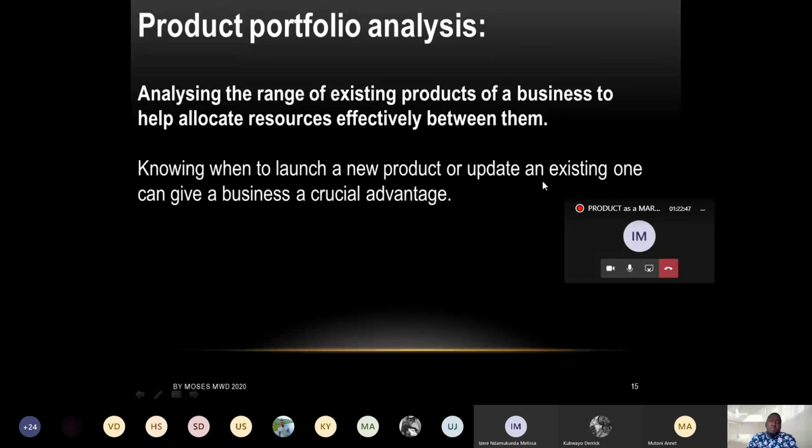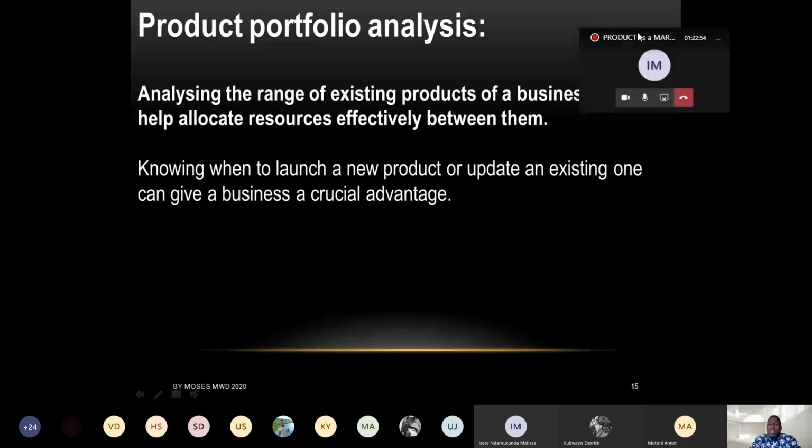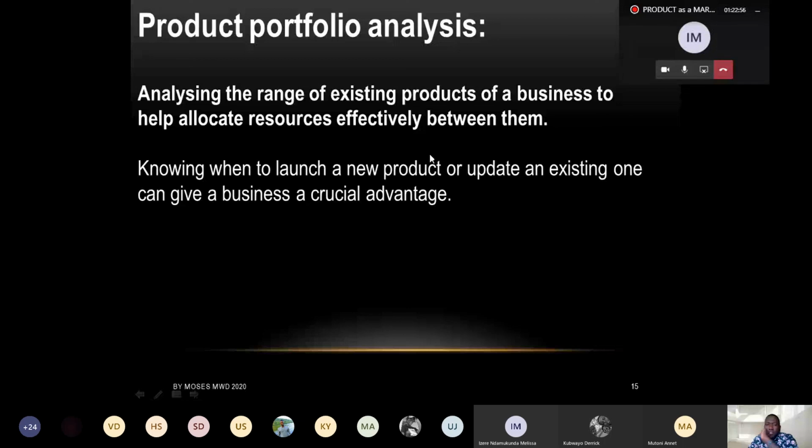So product portfolio, here you should understand existing products of a business so that you can allocate your resources very well. And when you are launching a new product or improving the existing one, you need to understand the ready goods on the market. Now, portfolio is different from positioning. Positioning is about understanding perceptions, but portfolio, you should understand the substitutes.